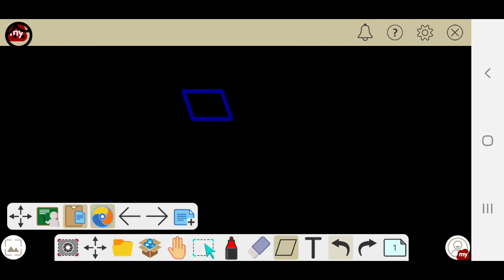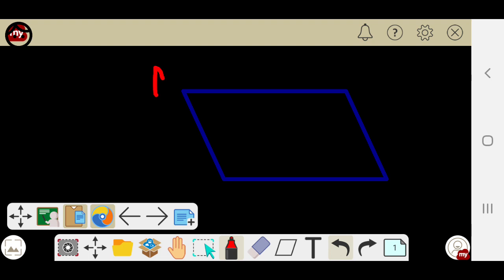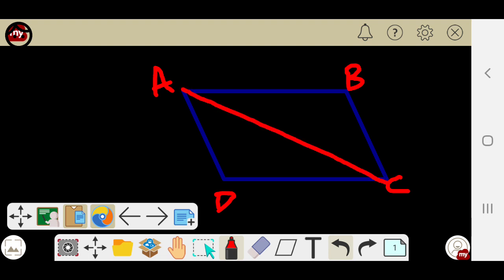Okay, I consider one quadrilateral. Its name is ABCD. Okay, you know that for a quadrilateral we can draw two diagonals. Yes, I am considering only one diagonal. AC is its diagonal.